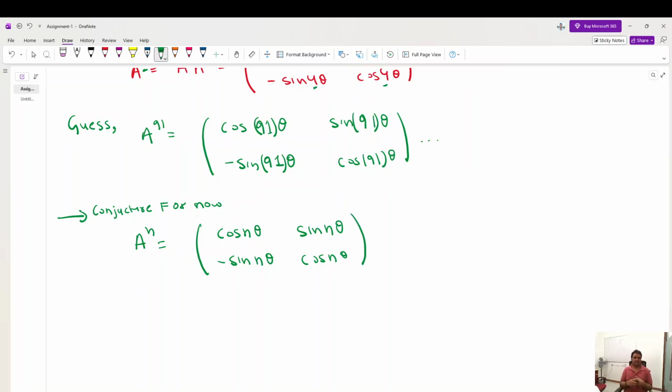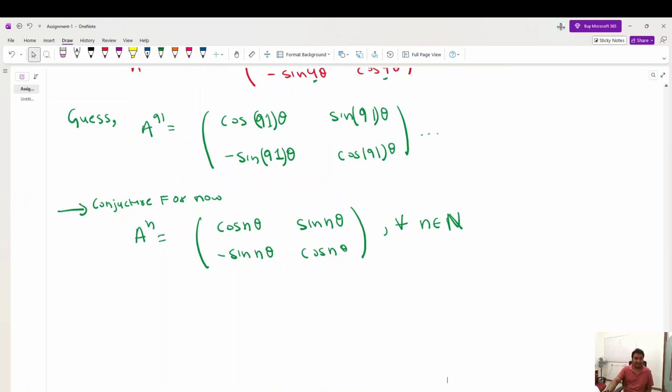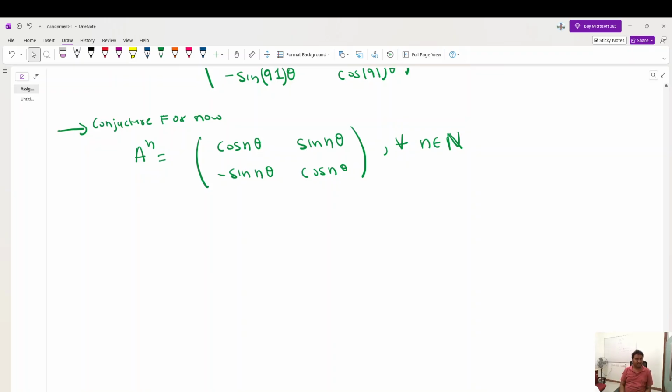That is our conjecture for every n in natural numbers. So we attempt to prove it, right? Thanks to your Calculus 1 course, you have learned something called principle of mathematical induction, right? So you can prove such kind of things from principle of mathematical induction.